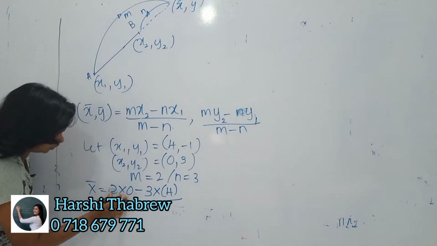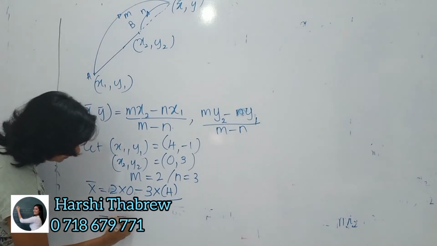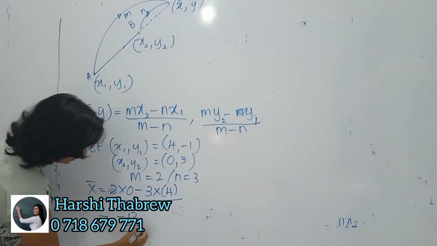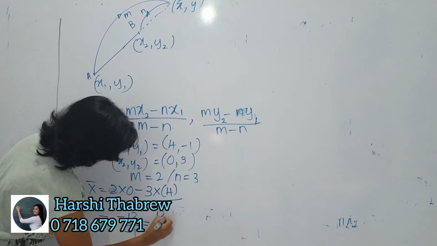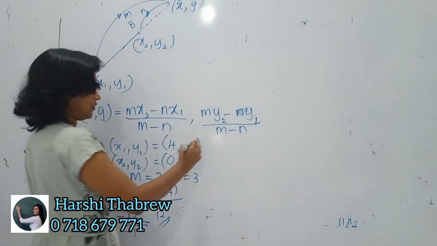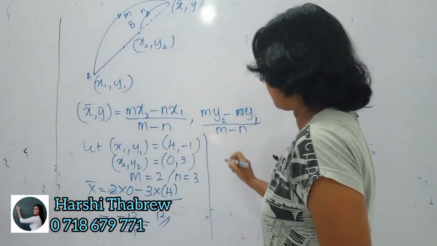This product is 0, minus 12 over minus 1, then it's 12. X bar equals 12.